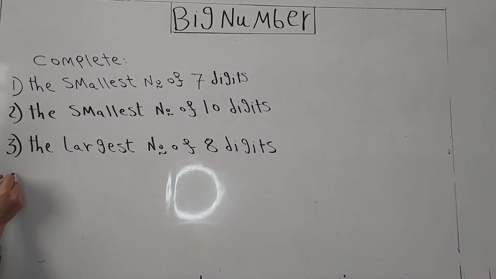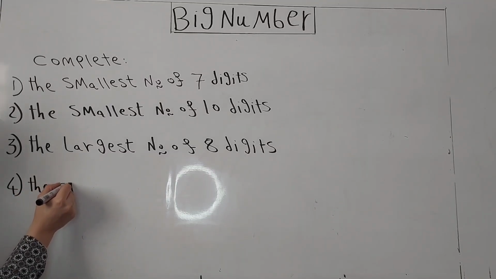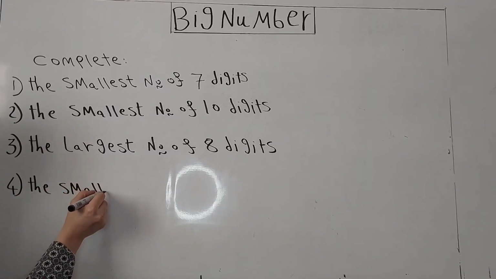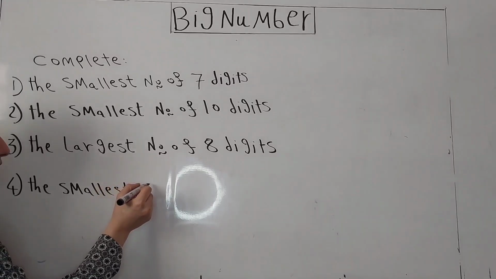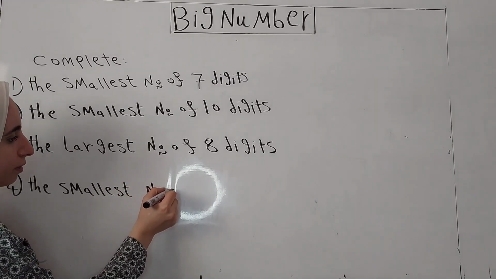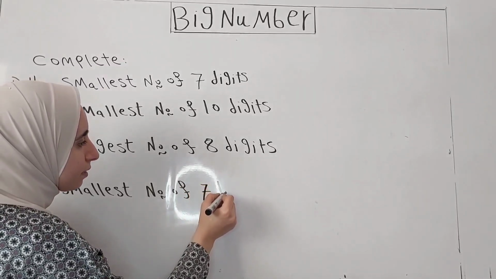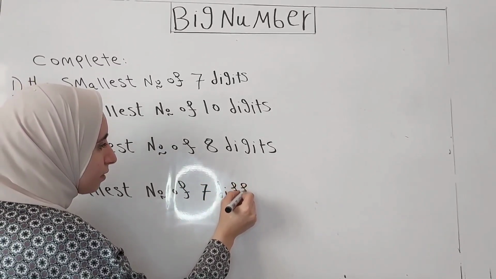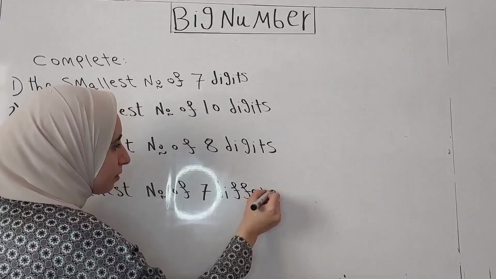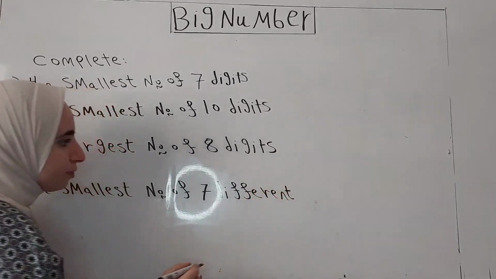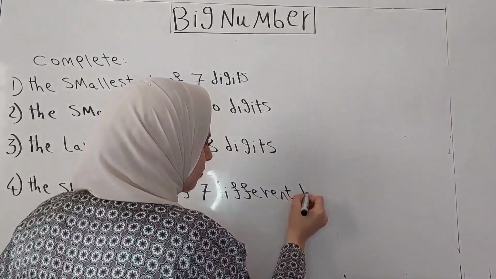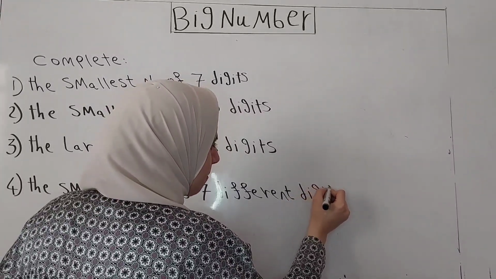The fourth one, the smallest number of 7 different digits.